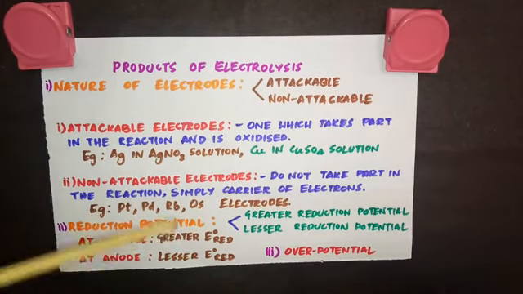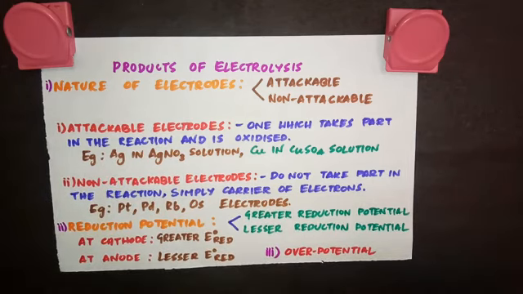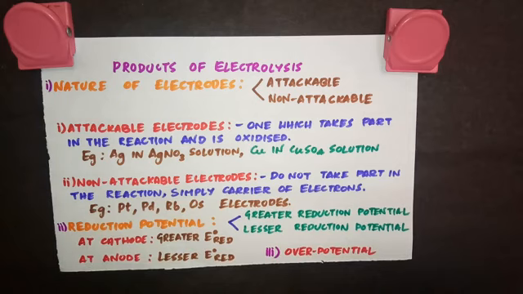The one with greater E0 value will undergo reduction at cathode, and at anode the one with lesser E0 value will undergo oxidation. So cations move to the cathode and get reduced. So which one will get reduced? The one with greater electrode reduction potential will get reduced at cathode, and anions go to anode and get oxidized. The one with lesser reduction potential will undergo oxidation at anode.